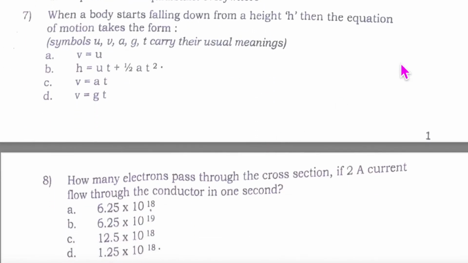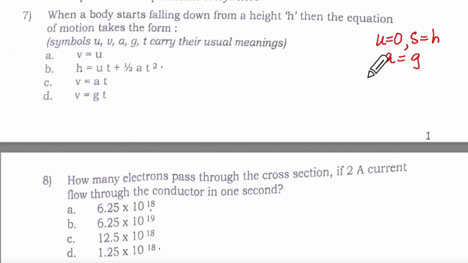When a body starts falling down from height h, then the equation of motion takes the form of... Now, it is falling down from height h, which means initial velocity is going to be 0. S will be equal to h and a will be equal to g, correct?